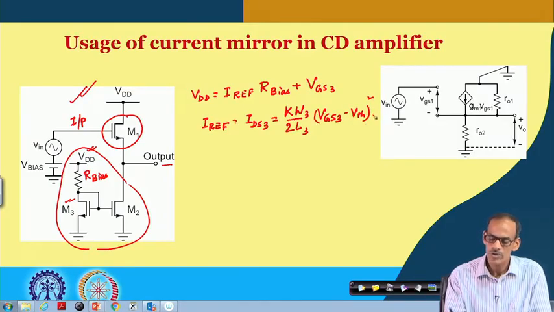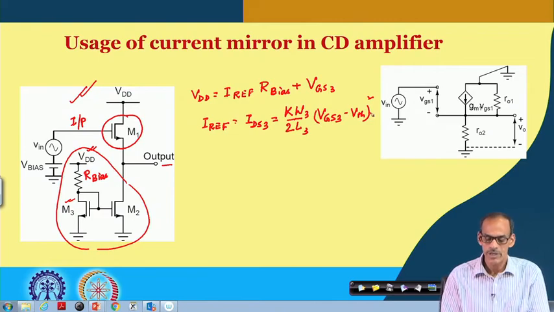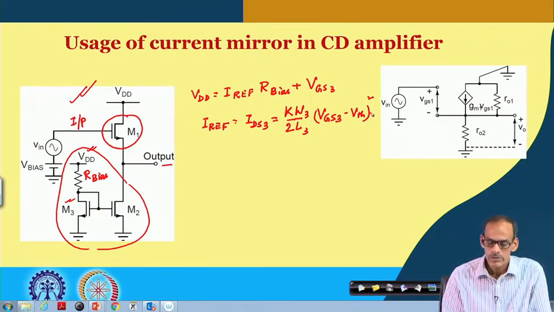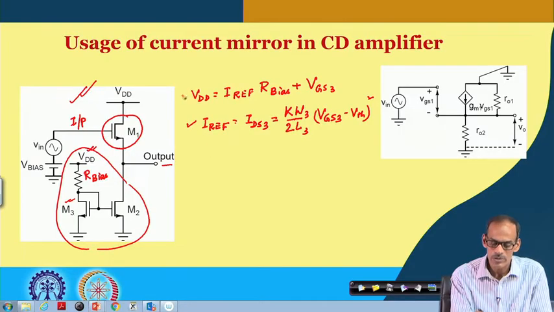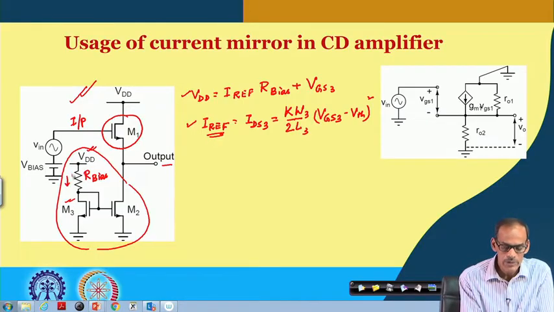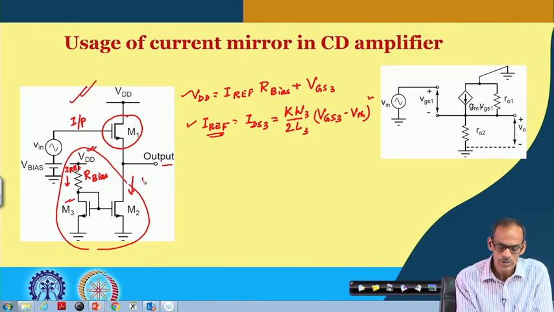So, we may drop the 1 plus lambda VDS part, and utilizing these two equations we can get the I reference current, and that reference current I reference defines the IDS current of transistor 2, so IDS2.